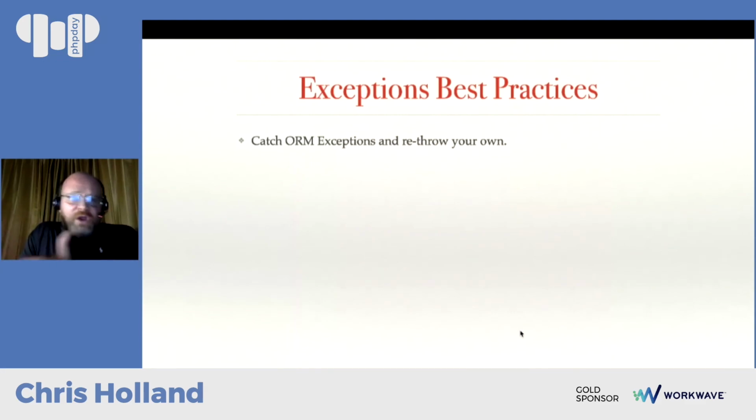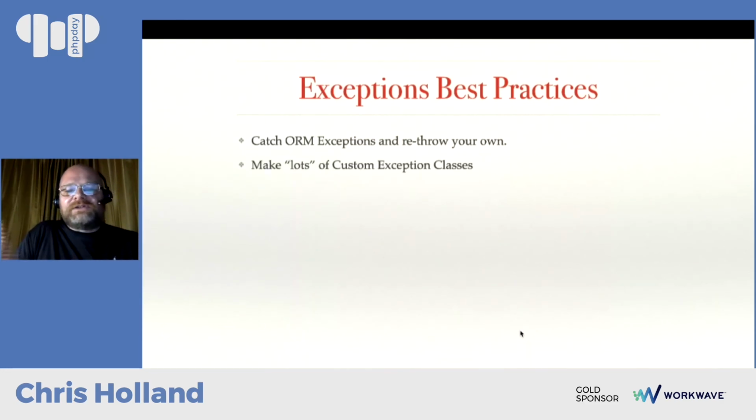Is your database having connectivity issues? Then you might get a lower level ORM exception, catch it, handle it, and then throw your own exception with a helpful message that says, our application is a victim of its popularity right now. Please try again in 30 seconds, something like that. A helpful message for the end user.